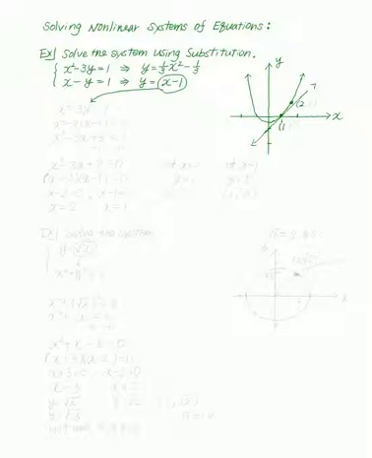I'm going to rewrite the first equation. X squared minus 3y equals 1. And I'm going to note from my second equation, the straight line, that y is equal to x minus 1.